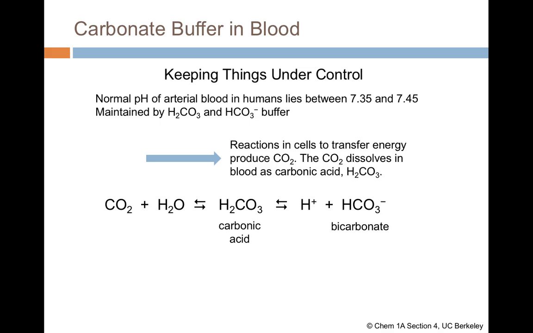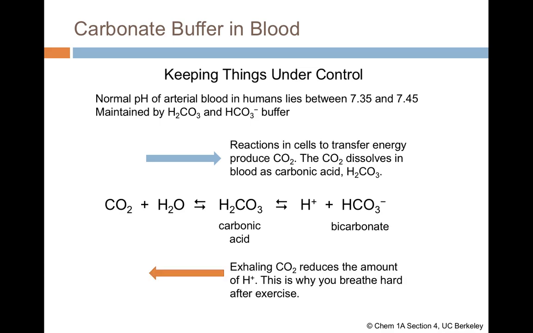However, you do not need to worry about stopping exercising in order to preserve the pH of your blood because your body already has your back. When you exercise, you breathe really hard because your body is trying to exhale all of that extra CO2. When you breathe out CO2, you are removing it from the system of your body.